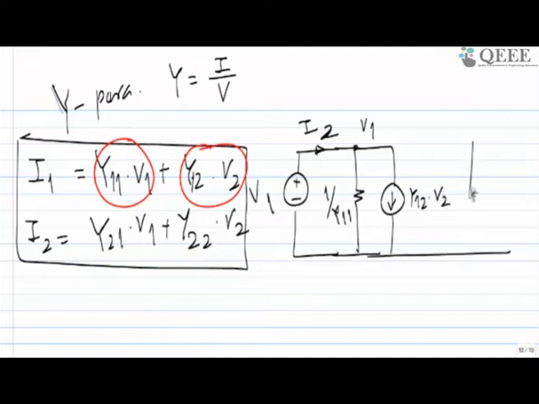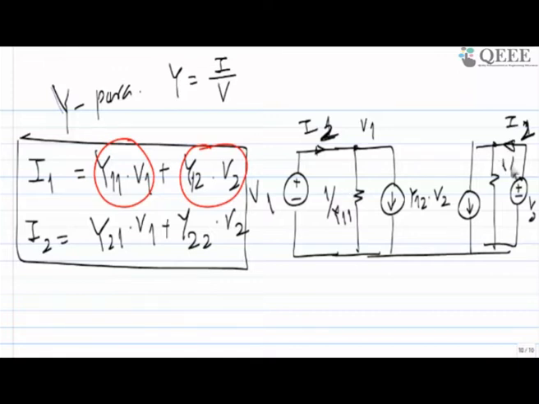Similarly, for this side, you will have one current source, one resistance, and one voltage which is V2. I2 this side, and this will be 1 by Y22, and this side it's Y21 times V1.